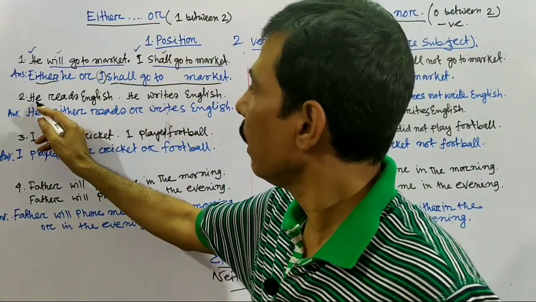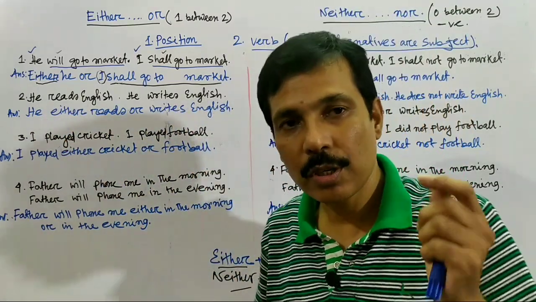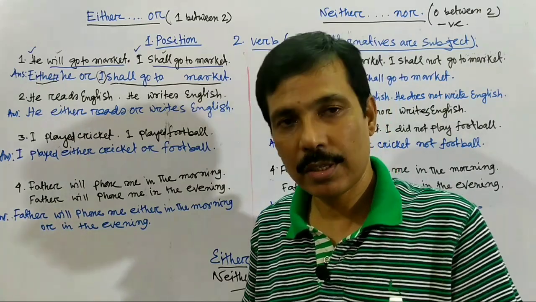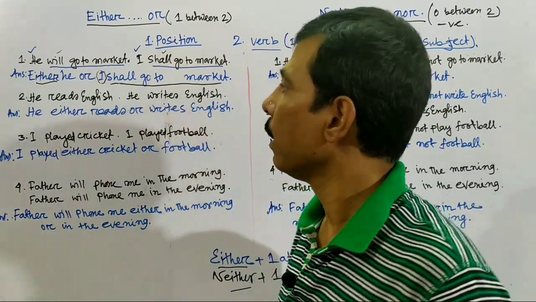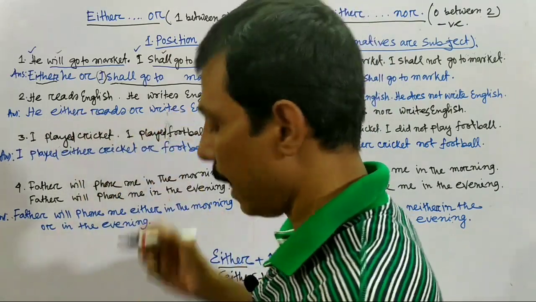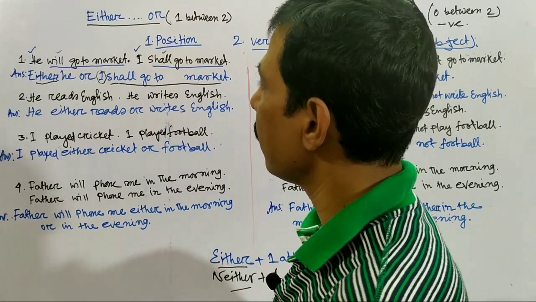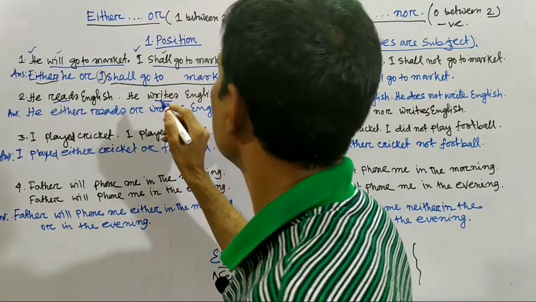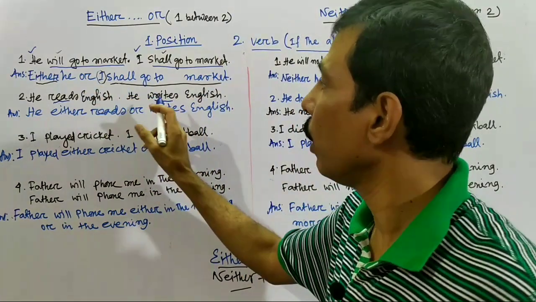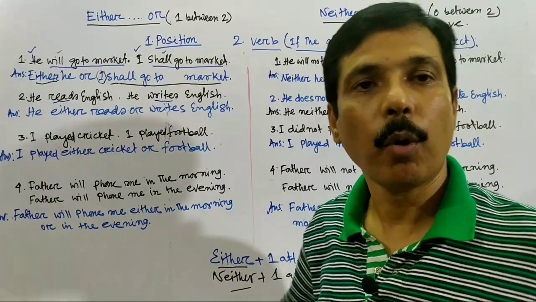Second question: he reads English, he writes English. You have to concentrate on two things. First you find the alternative, second you find the common thing. Here, he reads English, he writes English. What is the alternative here? Look at the sentence: here reads and writes, both. These are the two alternatives, and the remaining part, he and English, both are same.